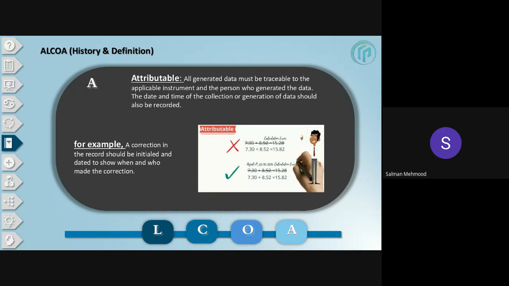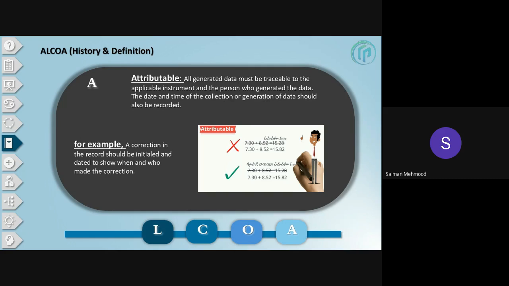As we have seen in previous slides, these are some pictorials and details about attributable: who performed and who generated the data, like you have seen in the examples, and a correction record as well, showing who made the correction.